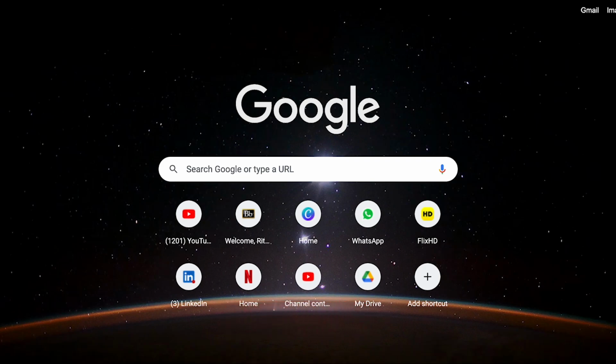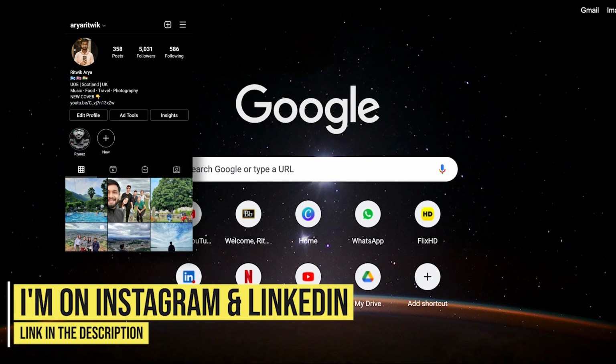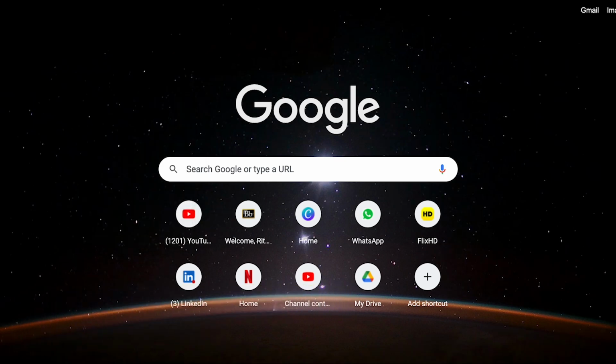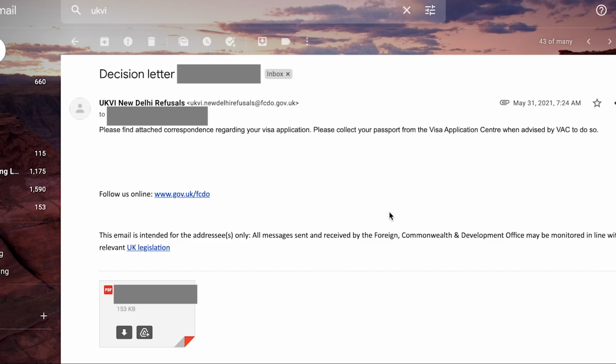But the thing is, how do you know your visa got rejected? When you submit your documents at VFS and they are sent to the UKVI department where your application is processed, they take some time, and in case your visa gets rejected, you receive this email.